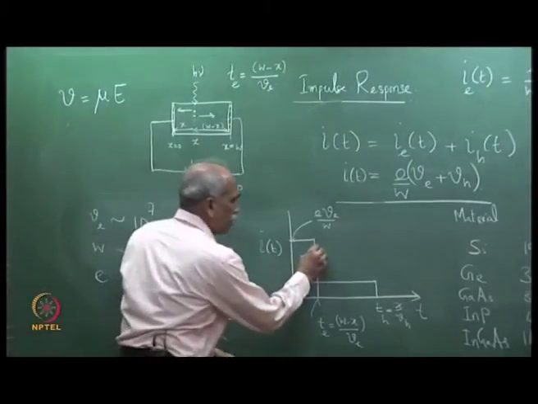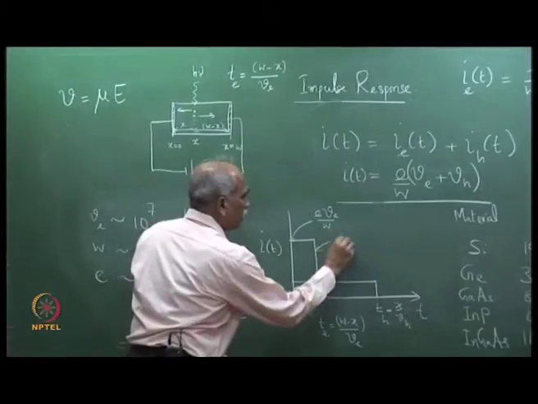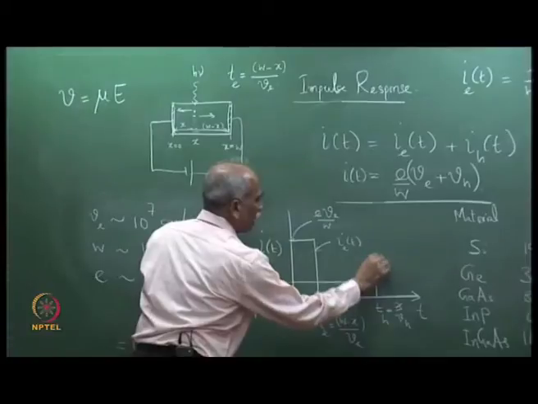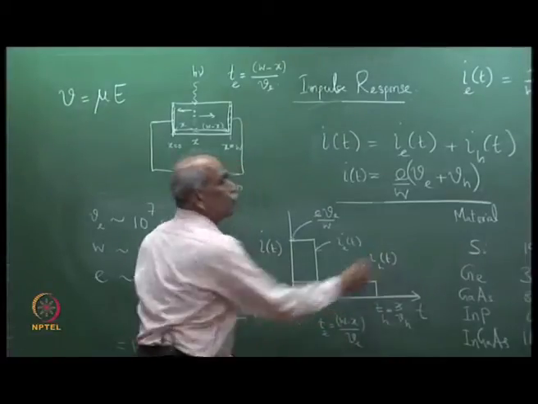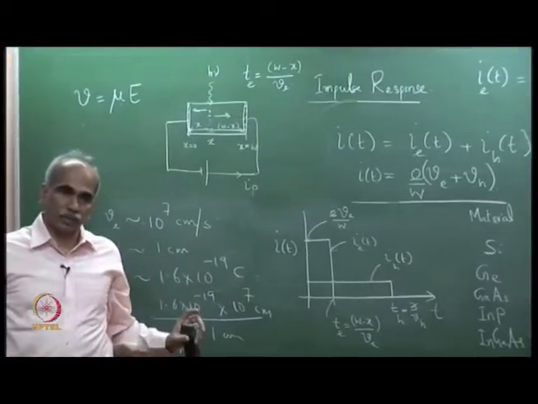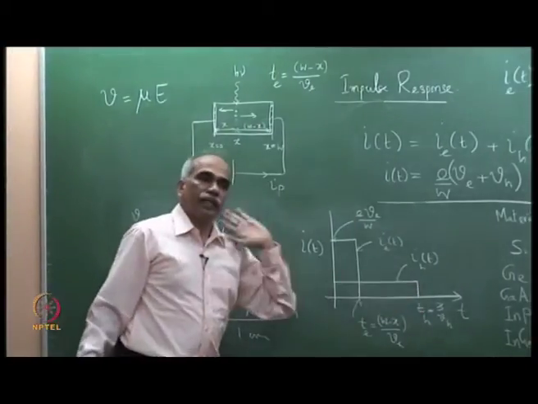This is the plot of I_e(t), and this is the plot of I_h(t), assuming that the carriers are moving with a constant average velocity till they are collected at the ends.